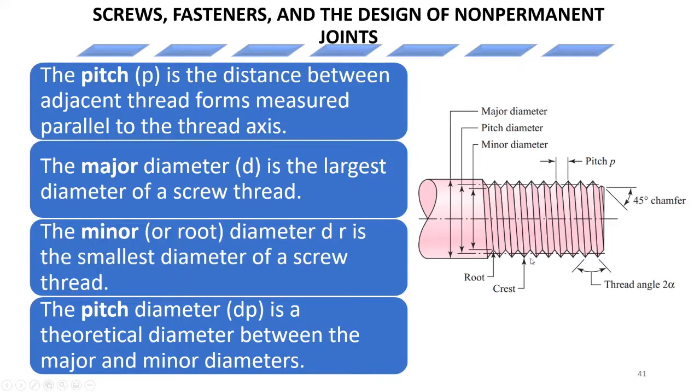And the major diameter is the diameter at the crest of the thread, from the crest here to the crest there. Then we also have the thread angle, which is equal to 2 alpha. The chamfer at the end is there to help in starting the thread, so there is a small chamfer of 45 degrees at the end of the thread.